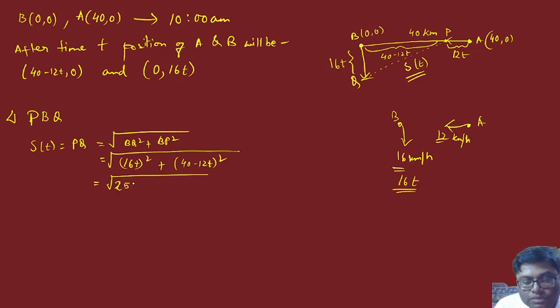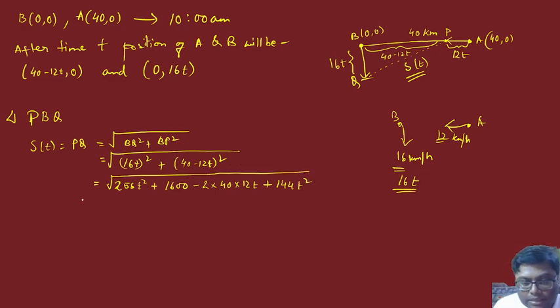16 square means 256 t square plus 40 square means 1600 minus 2 into 40 into 12t plus 12 square means 144 t square.